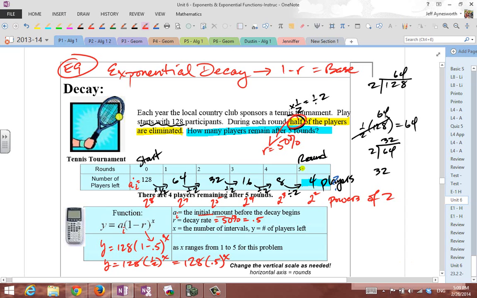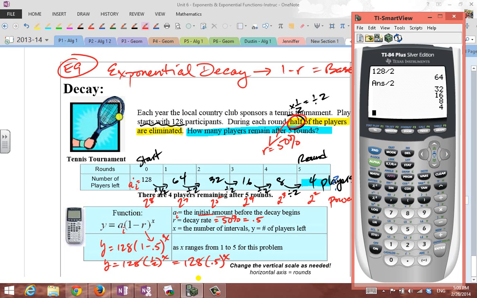So if we wanted to calculate the number of players after 5 rounds, I could substitute 5 in this. So let's do it for funsies here. Take 128, times 0.5 raised to the round 5, take it to the 5th power. Holy cow, we get 4 players, which is our answer.